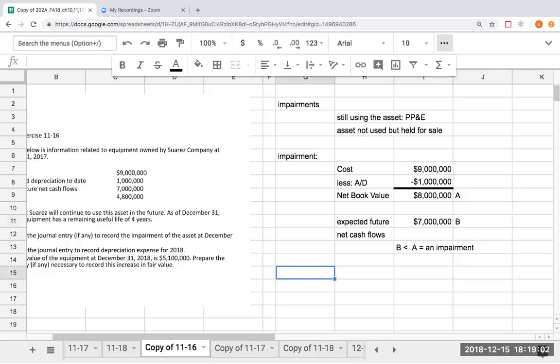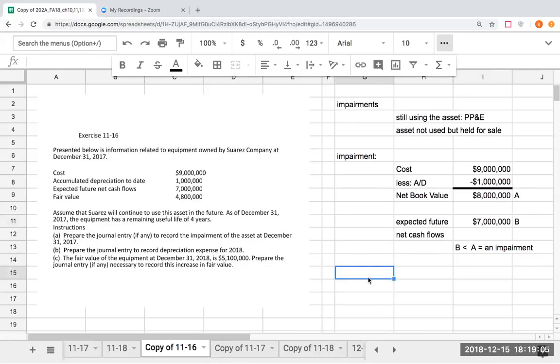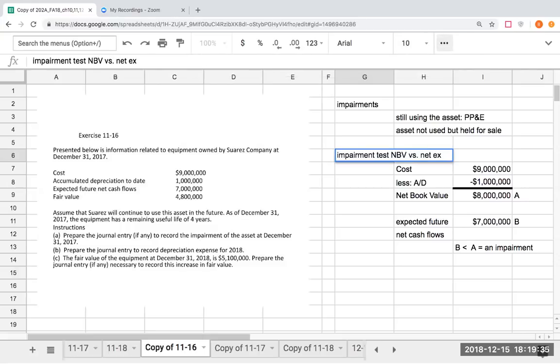The next thing we need to identify is how much we actually impair it. So let's call this the impairment test: net book value versus expected future net cash flows.